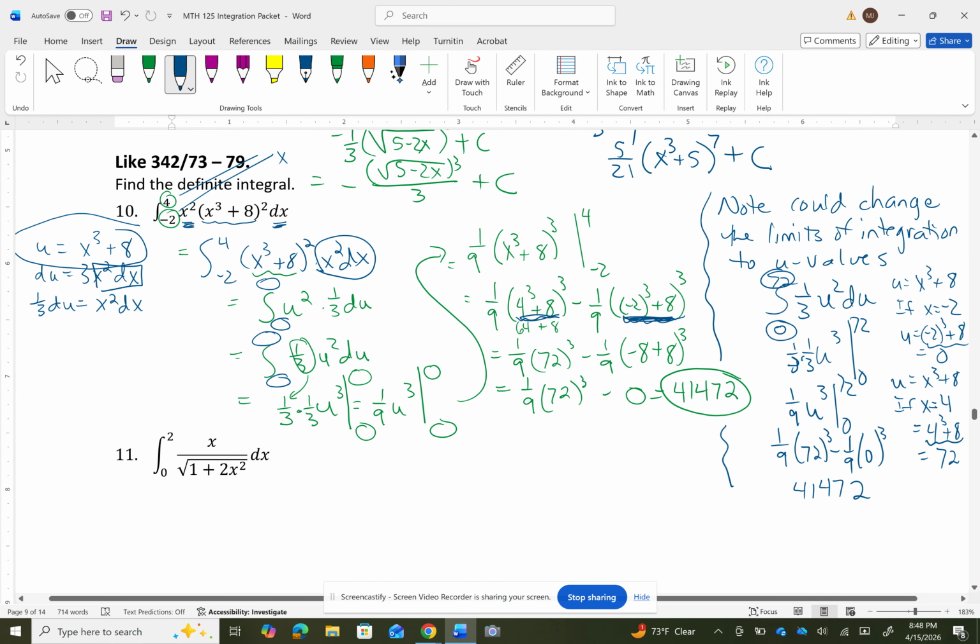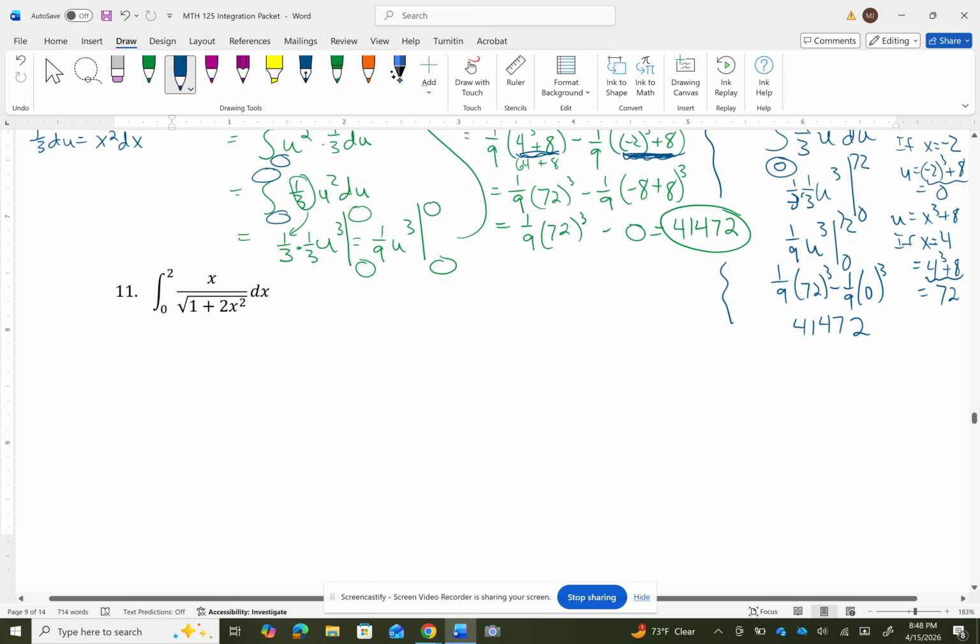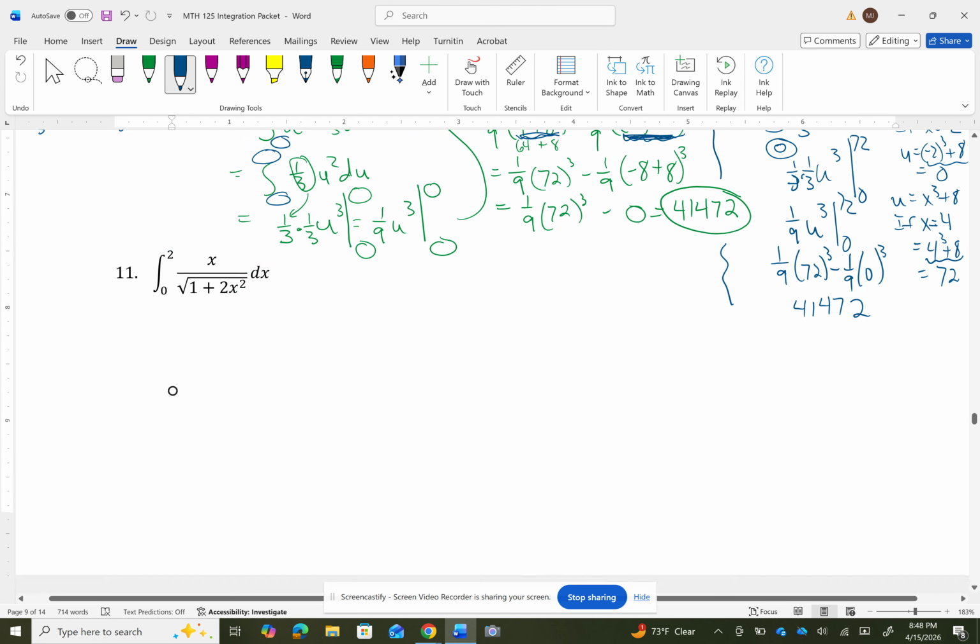Okay. All right, let's try one more of those. Definite integrals. These are definite integrals with algebraic functions. All right, so I got to do some rewriting on this one. Just want to see better what's going on, so I want to make it a power function. So that 1 plus 2x squared has a square root, so it's a 1/2 power, but I want to bring it back up to the top, so I'm going to use a -1/2.